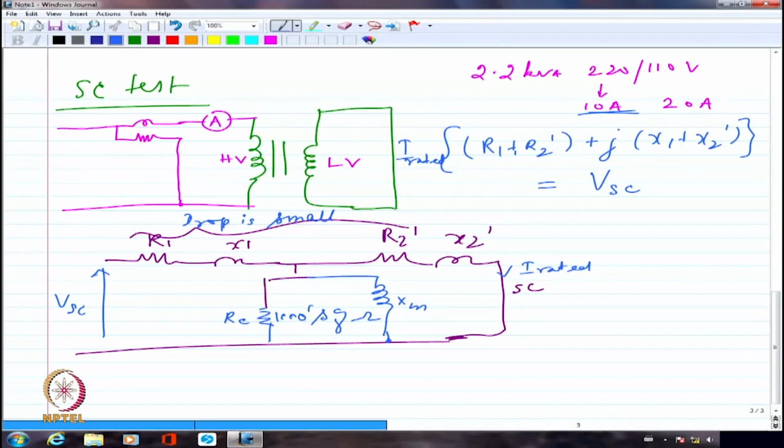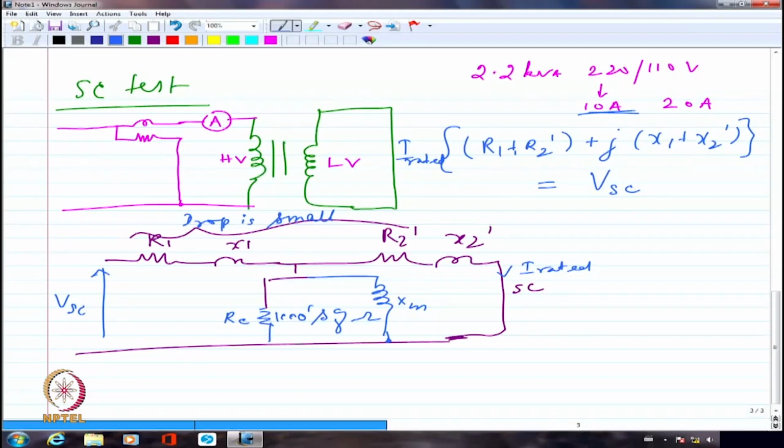So this XM value is an index of how permeable the core is. Right? So if the permeability of the core is pretty good, XM will be a very high value. So the higher the value of XM and the higher the value of RC, I would say the transformer is getting closer and closer to the ideal transformer.